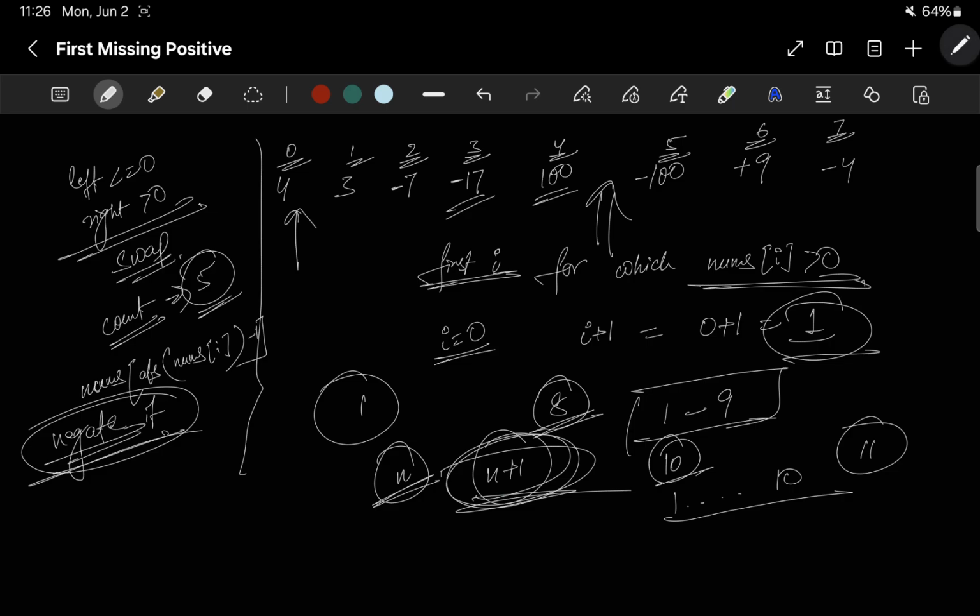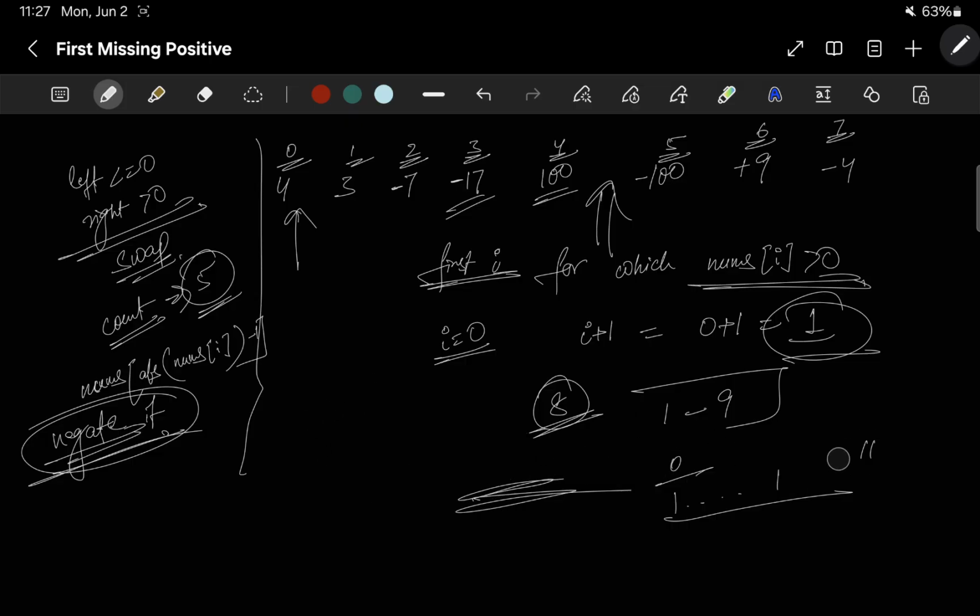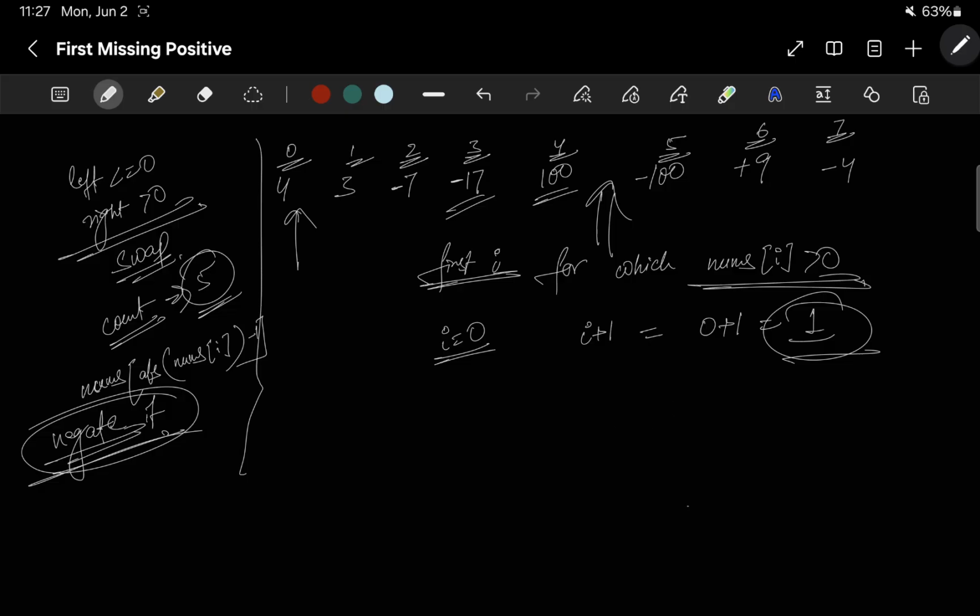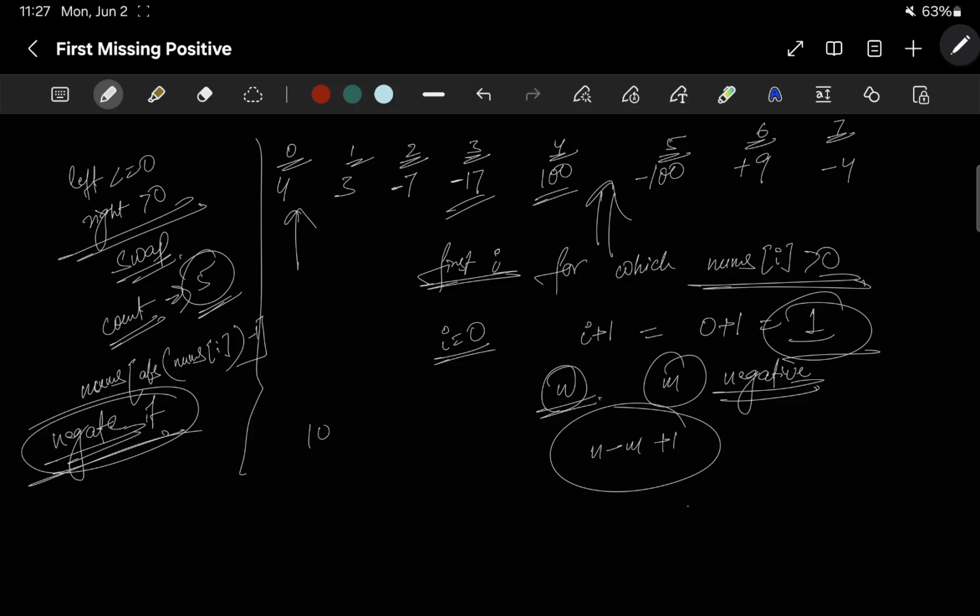Also, in the worst case or the best case, I don't know what to say it, it's n plus 1, but not always. If you have n elements, and out of which m elements are negative, then your answer cannot be more than n minus m plus 1. So let's say if you have 10 elements and out of which 5 elements are negative, then you know that you only have 5 positive elements.